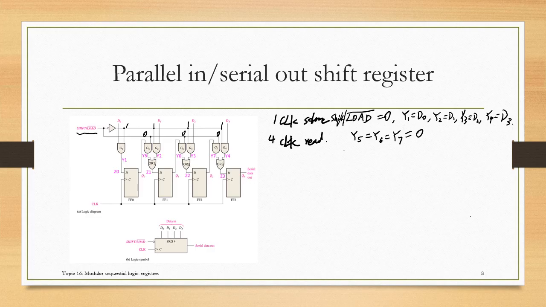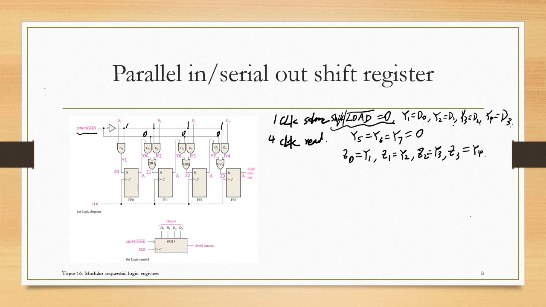So we can figure out that Z0 equals Y1, Z1 equals Y2, Z2 equals Y3, and Z3 equals Y4. So now we can tell that at this value, the input of the flip-flops actually equals the 4-bit data.